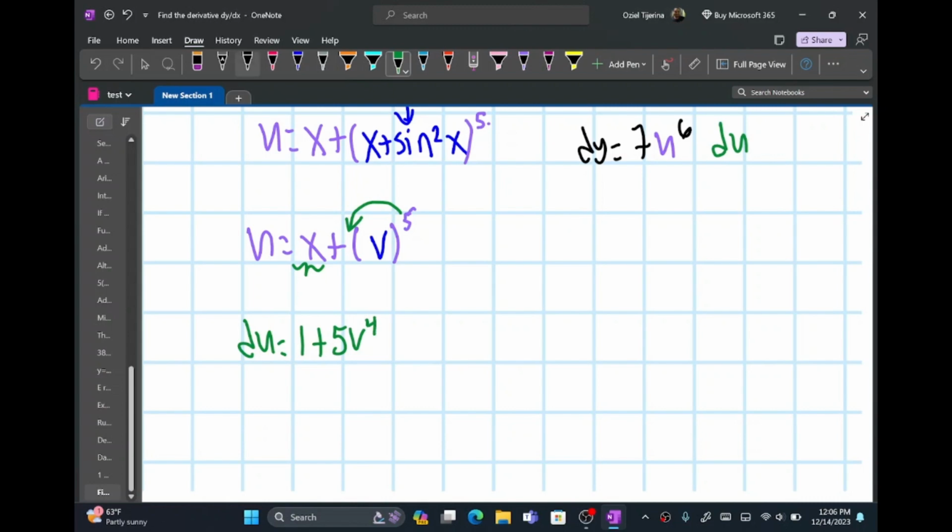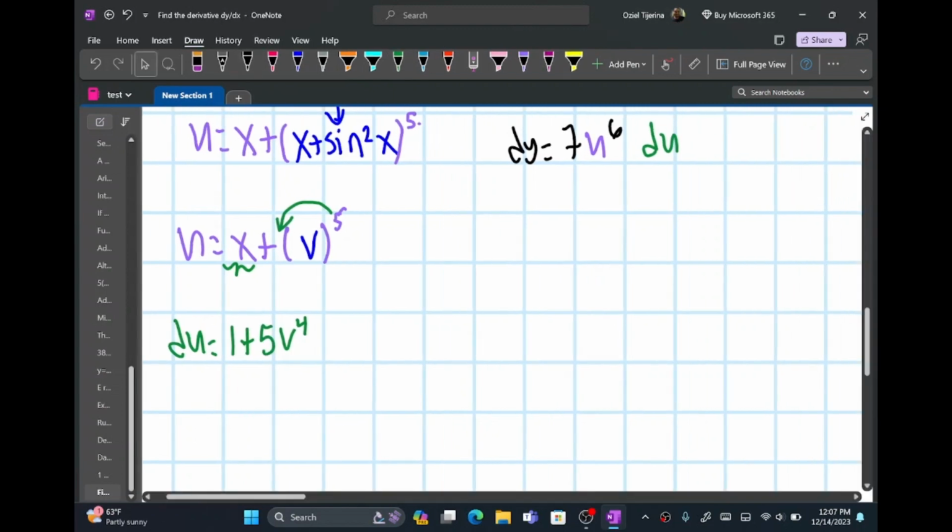You want to be careful with your algebra. Only this part is the part that you're raising to the 4th power, and that's the only part that you're going to make with respect to v. So it's going to be 5v to the 4th, and I'm going to say dv.